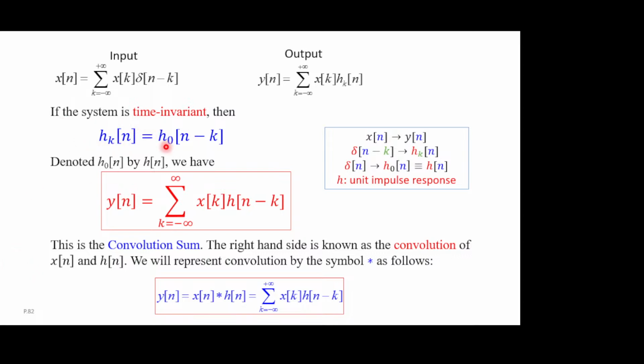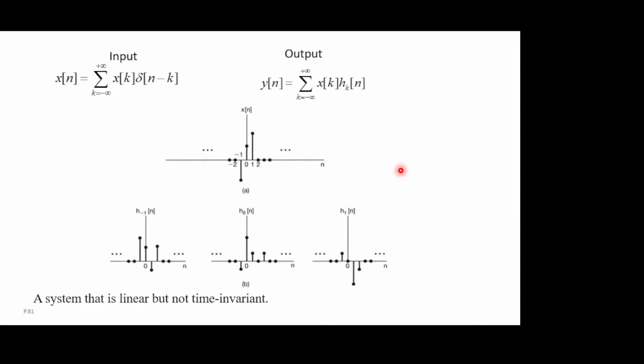If a system is time invariant, then h sub k of n should be h0 of n minus k, because delta of n minus k is a time shift of delta of n. So by time invariance, h sub k of n should be the time shift of h0 of n. So if your system is time invariant, you cannot have these three things look different.